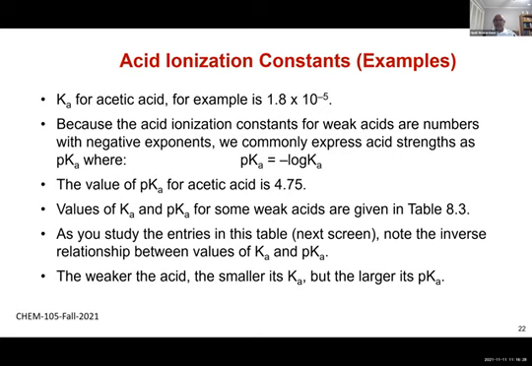K sub A is larger for a strong acid, but the pKa value is smaller. For a weak acid, K sub A is smaller, but the pKa value is larger.